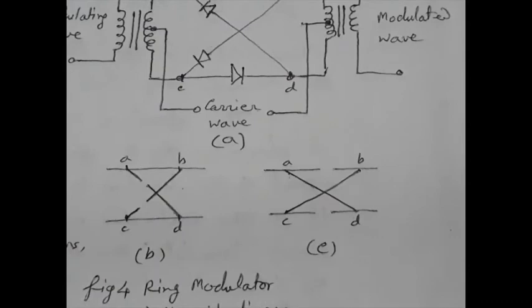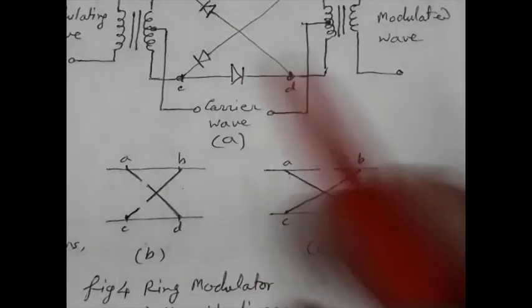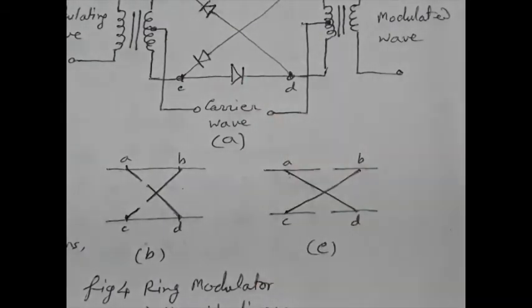That means the diodes are controlled by the square wave carrier of frequency Fc applied through a center tap transformer that we have already seen. The on and off of the diodes are controlled by the square wave carrier signal.